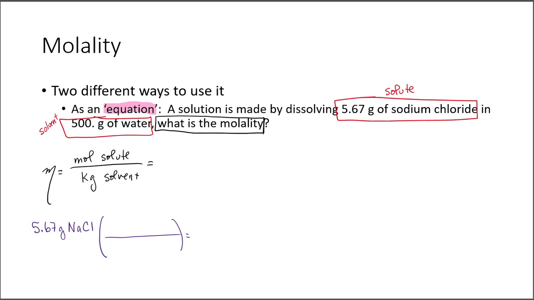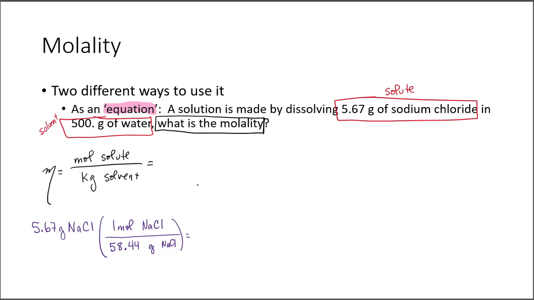The molar mass of sodium chloride, I've got my periodic table right here, 22.99 plus 35.45 gives us 58.44 grams of sodium chloride in every 1 mole of sodium chloride. 5.67 divided by 58.44, worrying about significant figures.